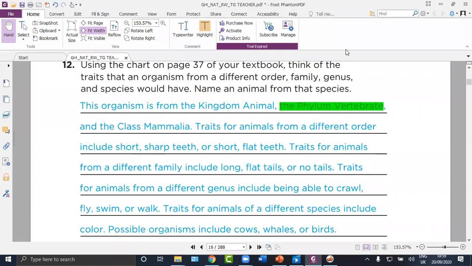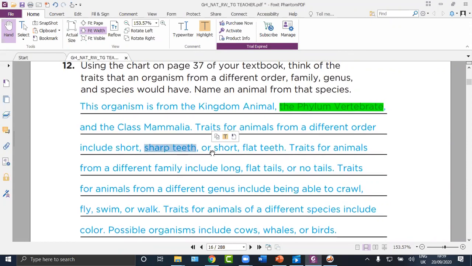Sharp teeth. You can recognize all these properties from the chart. You can choose any properties.